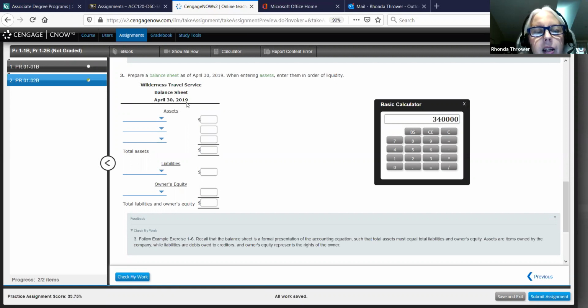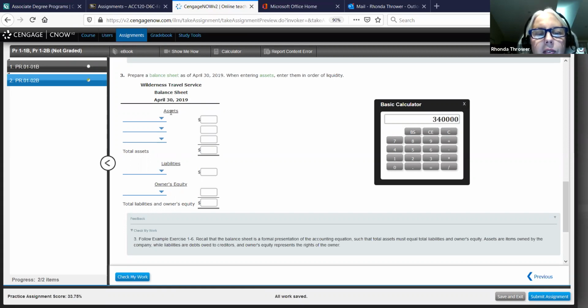2019. The balance sheet shows us a picture of the company's financial conditions as of April 30th, 2019. These amounts that go on this balance sheet are only the ending balances of your accounts. So you remember when we analyzed all those transactions, we summarized them and found an ending balance at the end of the period of time.